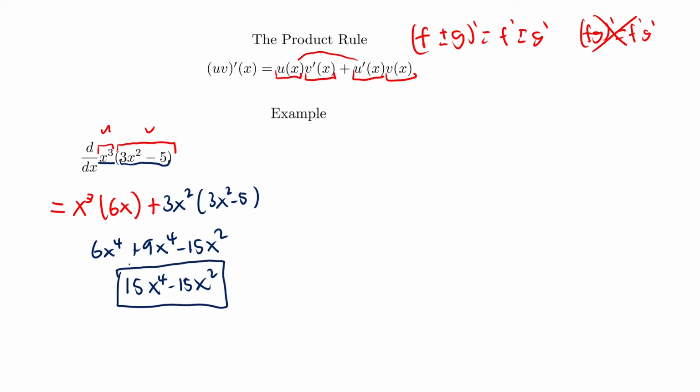Now, when we do problems like the one we just did, we could actually have done this whole problem without using the product rule by simply simplifying this function first, by distributing this x cubed through. If we do that, and again, we haven't taken a derivative yet, so we're simply going to leave this as d dx, this is going to become 3x to the fifth minus 5x cubed.